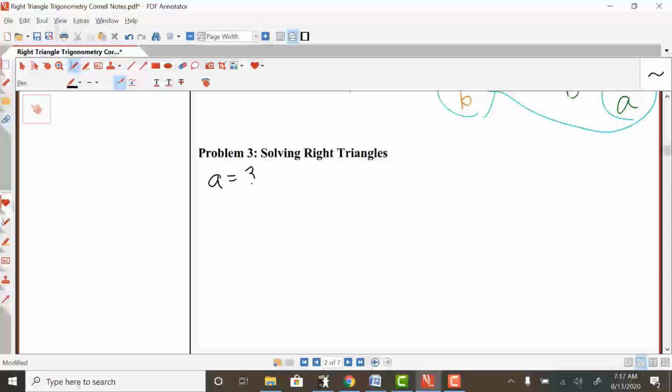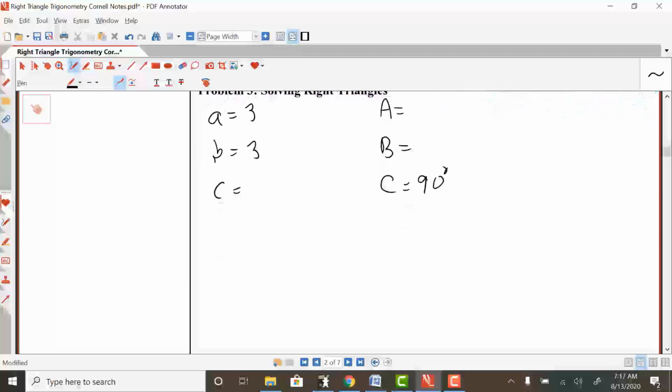Little a is 3, little b is 3, little c we don't know, capital A we don't know, capital B we don't know, capital C is 90. So step one, draw the right triangle. You'll notice that the two sides, the adjacent and the opposite, are going to be identical.